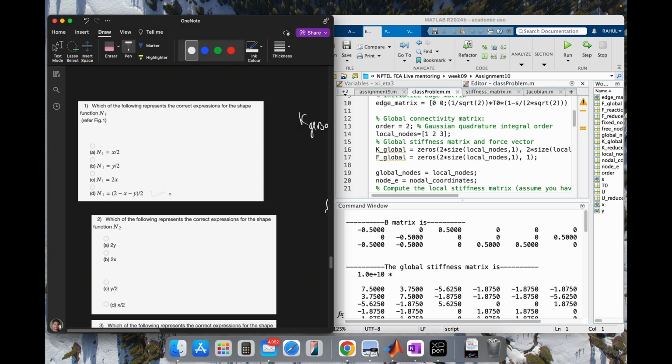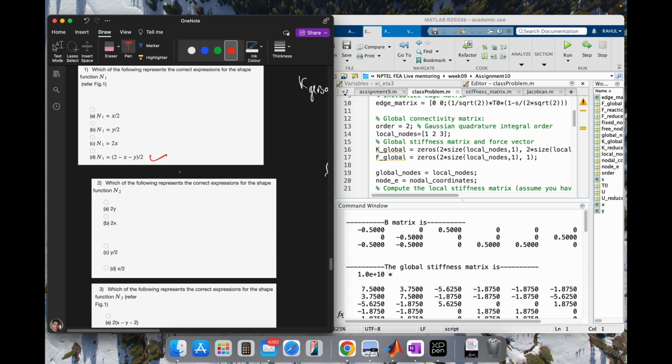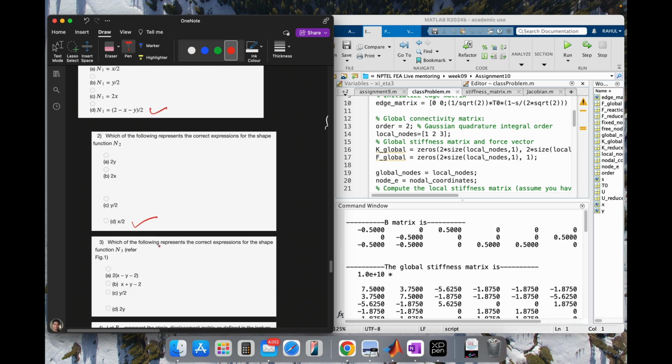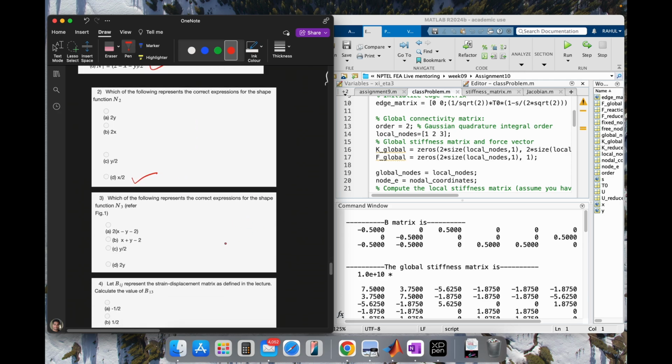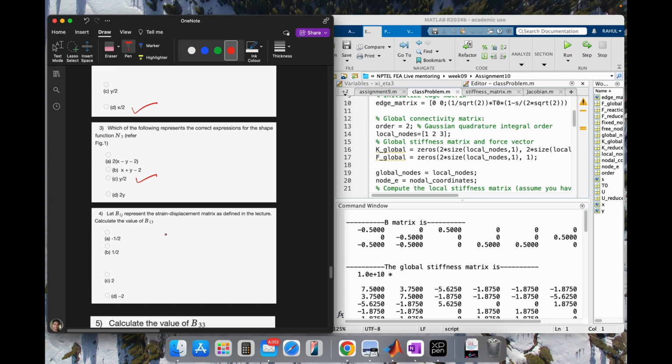This will be the answer. And what is N2? N2 is x by 2, so it is clear. What is N3? N3 will be y by 2, it is also clear.